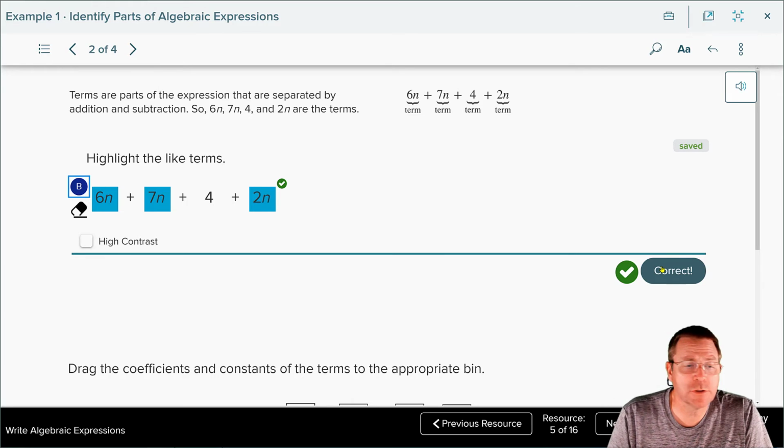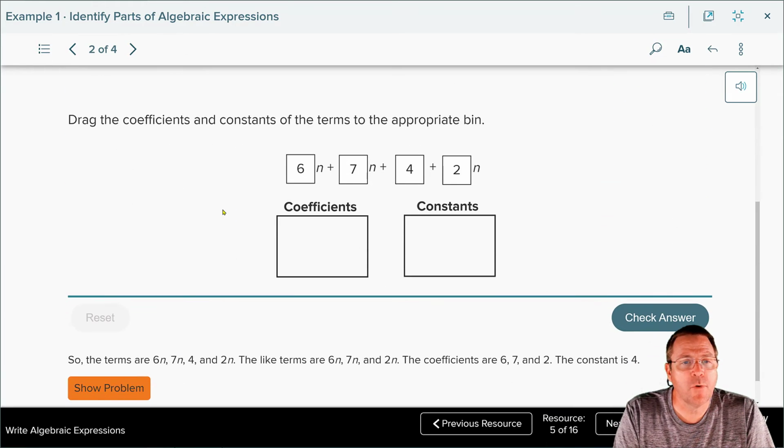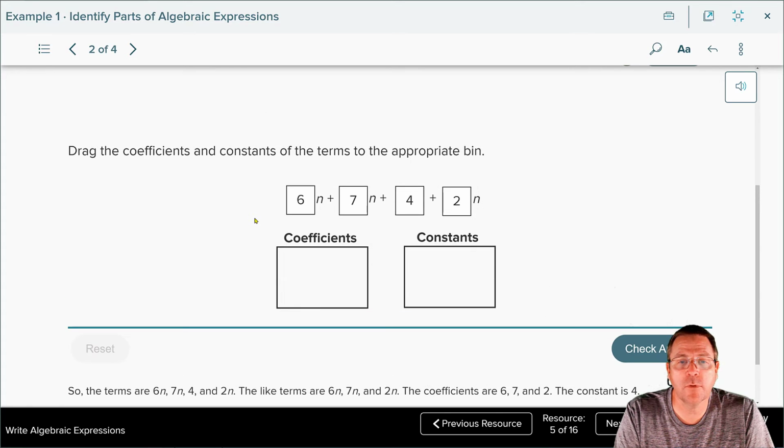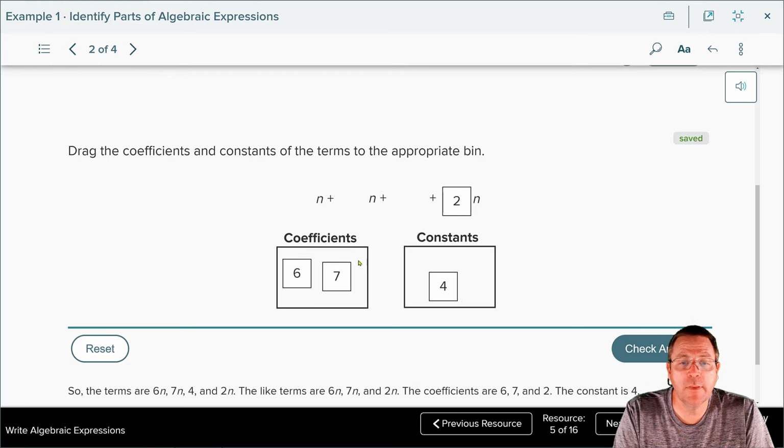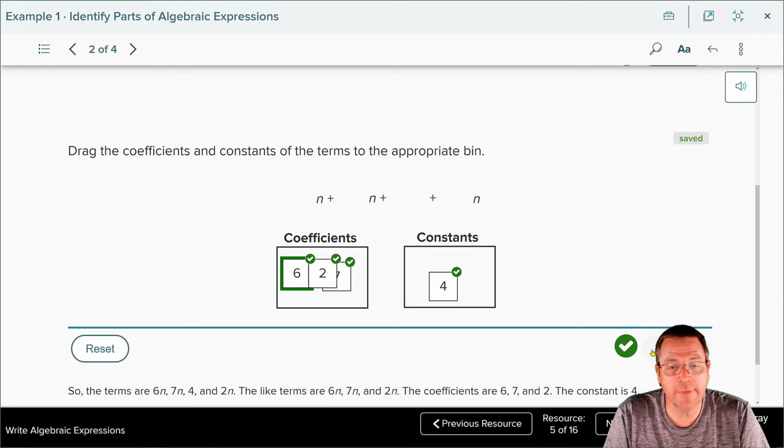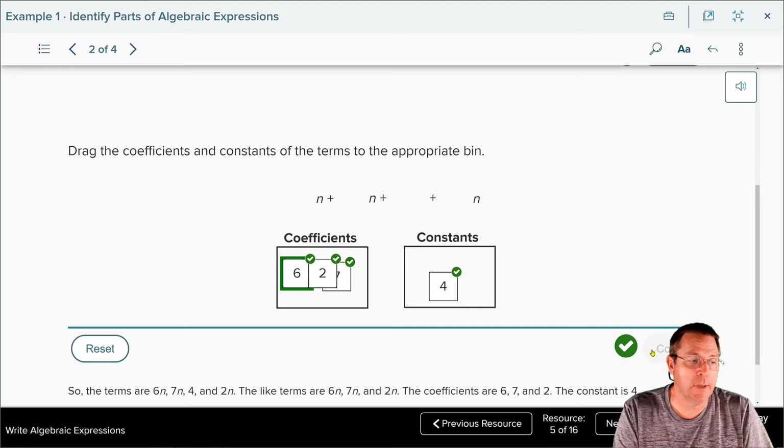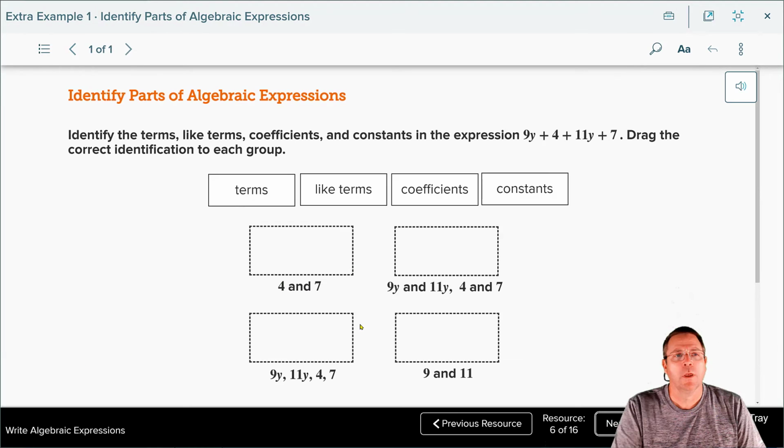So that part's good. Next, drag the coefficients and the constants of the terms to the appropriate bin. Well, the only constant we have is 4. 4 is constantly going to be 4. Your coefficients are going to be the numbers attached to variables, so the 6, the 2, and the 7 are all going to be coefficients.